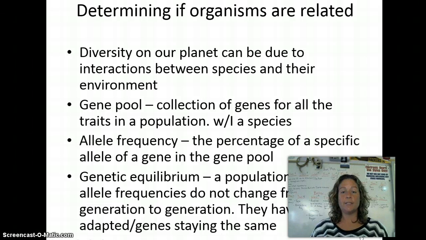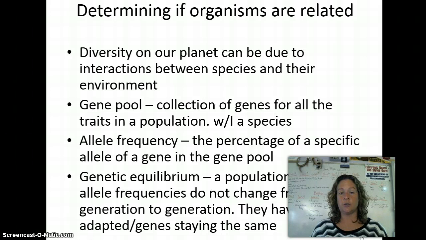With that bead activity, you had the black rabbits and the white rabbits. The part of the activity that you did from generation 1, 2, and 3, those rabbits were definitely not in genetic equilibrium because the percentages of the black versus white allele were changing over time. The part of that activity that we did together as a class was showing you genetic equilibrium.